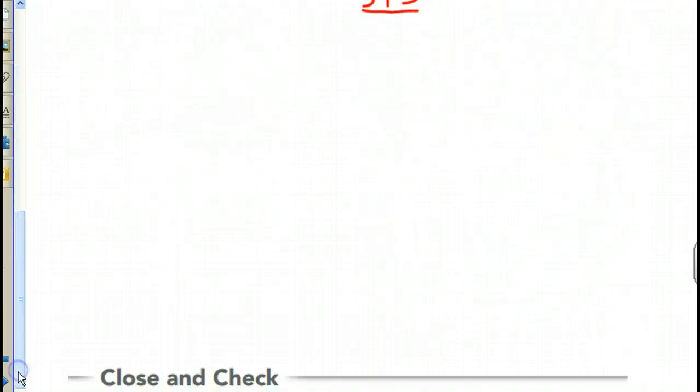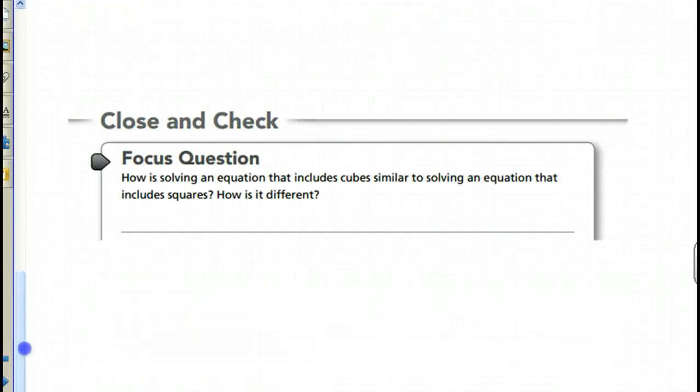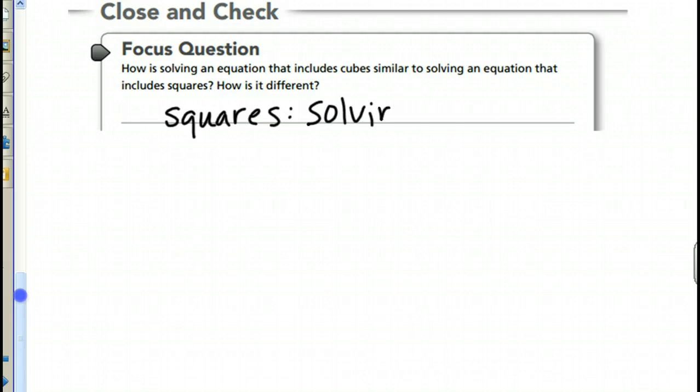All right, and now for our last one, our close and check. How is solving an equation that includes cubes similar to solving an equation that includes squares? And also, how is it different? So basically, for squares, and you might already know this answer, you're solving for an area.